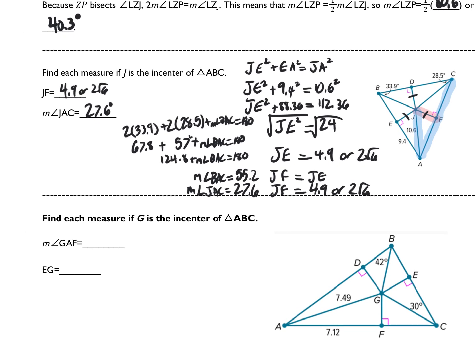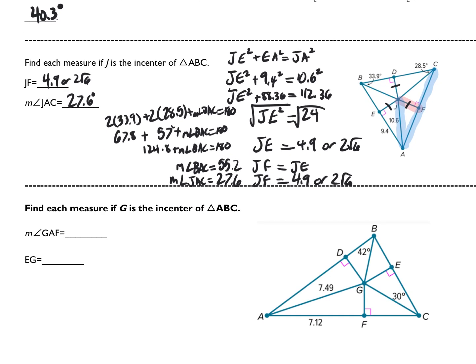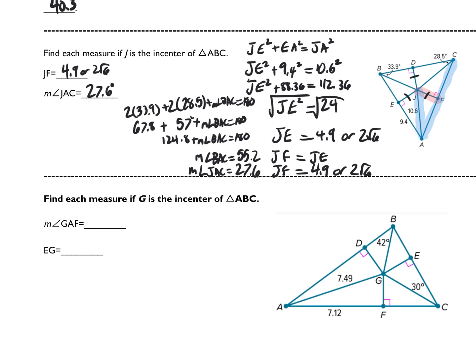All right, so next, find each measure if G is the incenter of ABC. So GAF is what we're asked to find first. Okay, again, same thing. So that's going to be 2 times 42 plus 2 times 30 plus the measure of angle BAC equals 180.